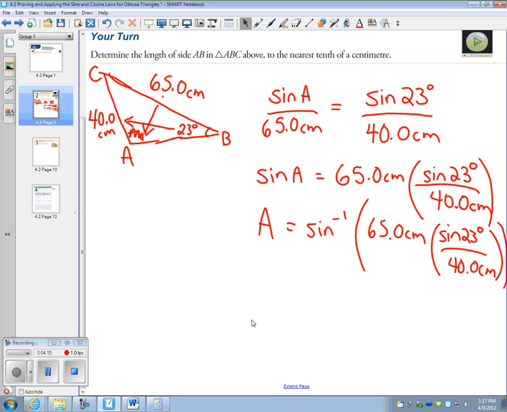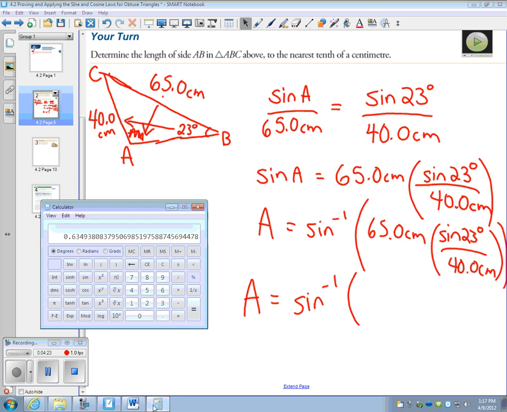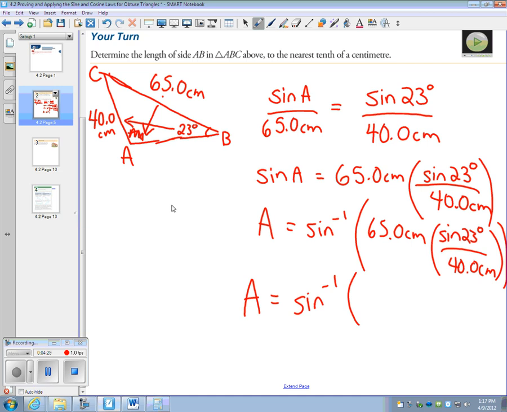A equals sine to the minus 1 of, let me look at that number, it was 0.6349. Sometimes you press second sine or you're looking for a button that looks like this. When I inverse sined it, I got 39.4 degrees. Last chapter, chapter 3, when we got this answer, we'd say done, wash our hands of it.